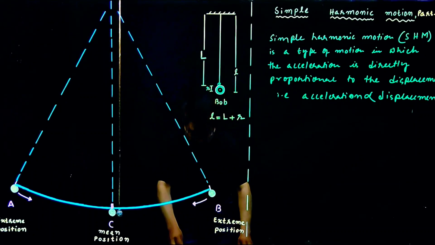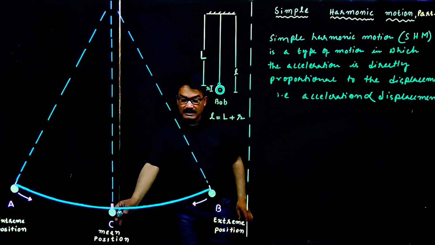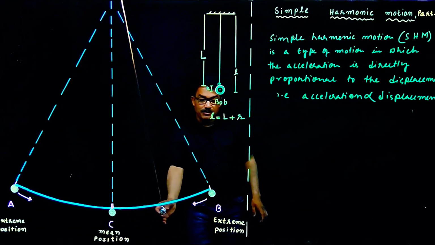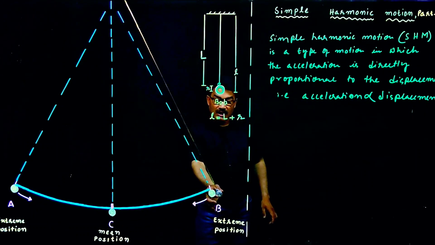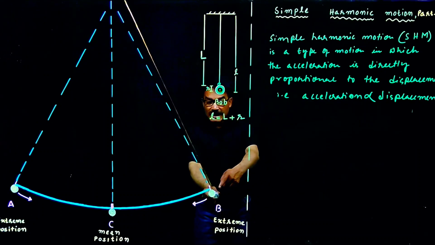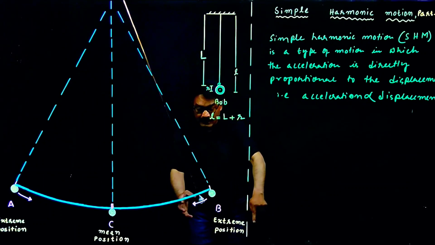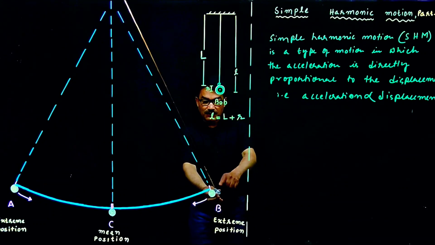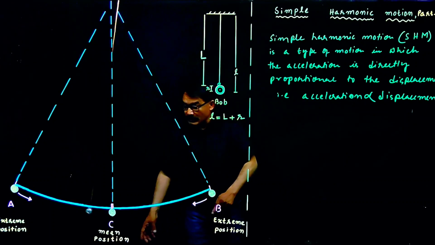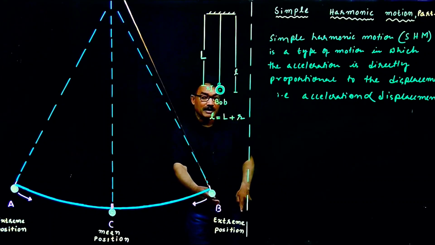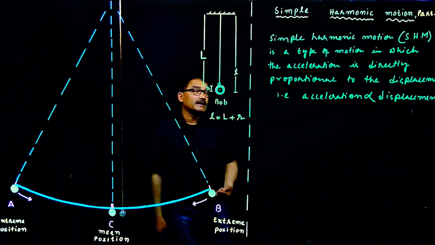And the meaning of time period is the time taken by the simple pendulum for one complete oscillation. That means starting from one extreme position, going to the other extreme position, and then coming back. This is called one oscillation.